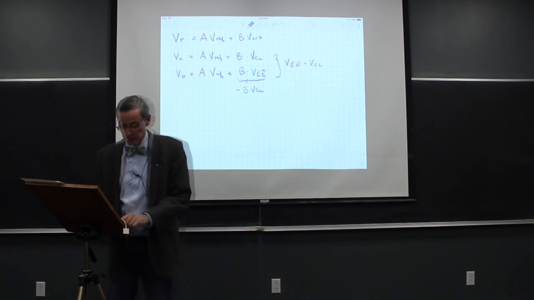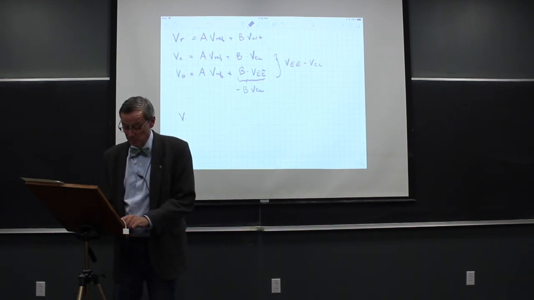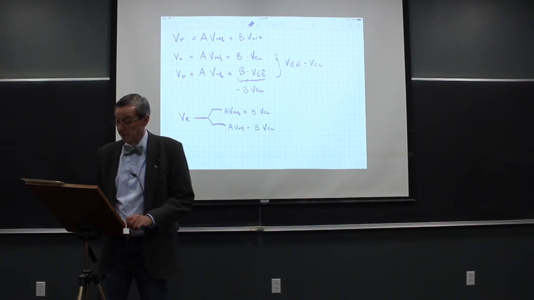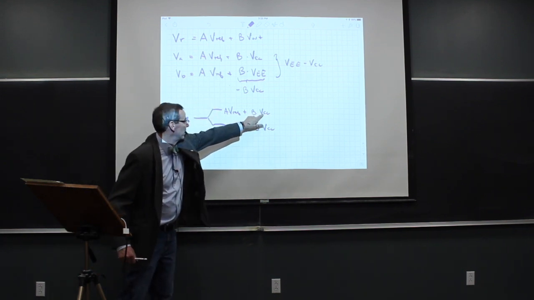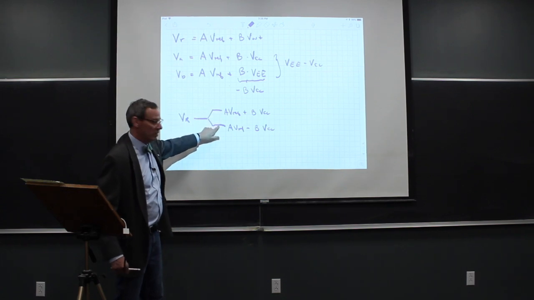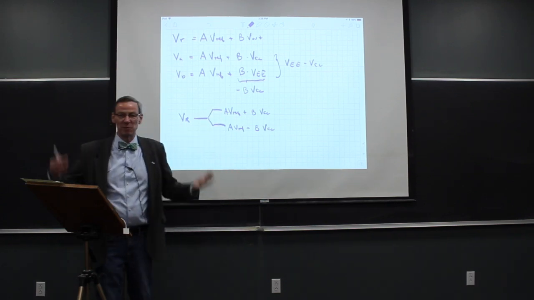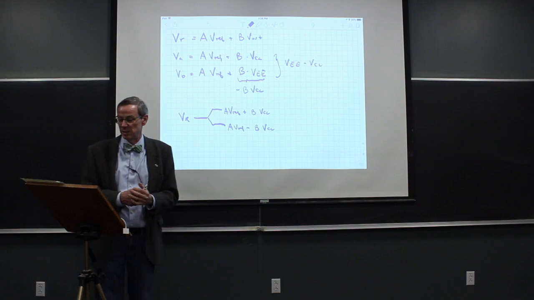So we get the nominal reference voltage splitting into A Vref plus B VCC and A Vref minus B VCC. So we accomplish this splitting of the two thresholds. When the output is high, we get the high one. When the output is low, we get the low one. So we create the two different thresholds for the crossing, and that's the basis of the Schmitt trigger.